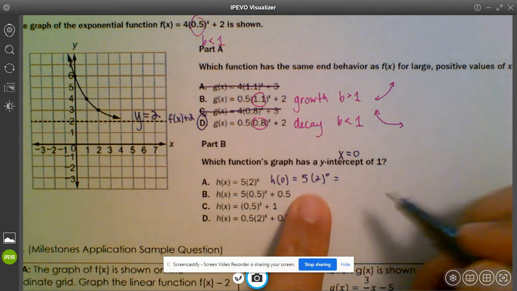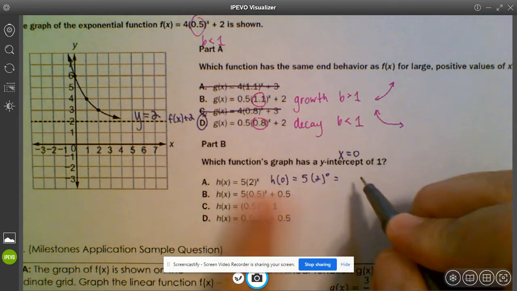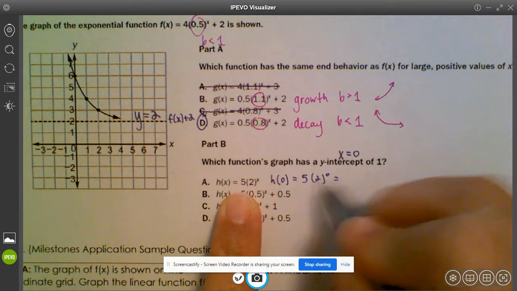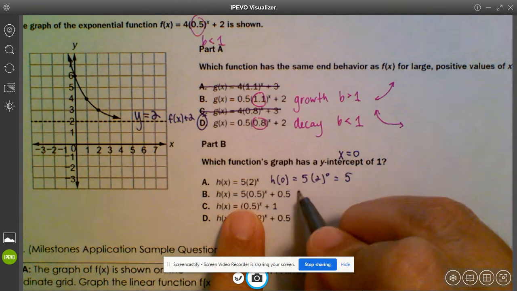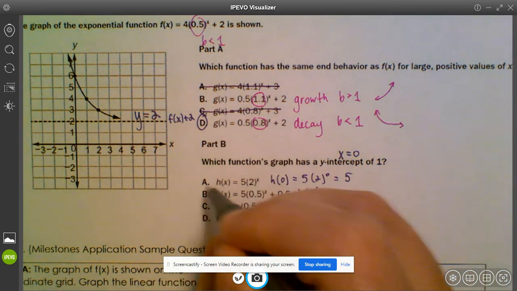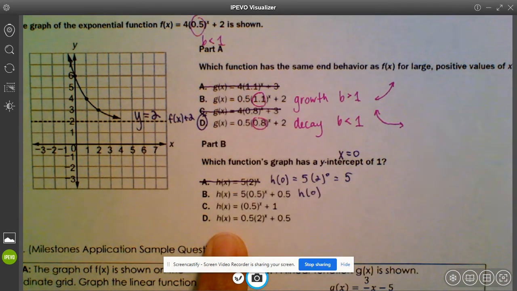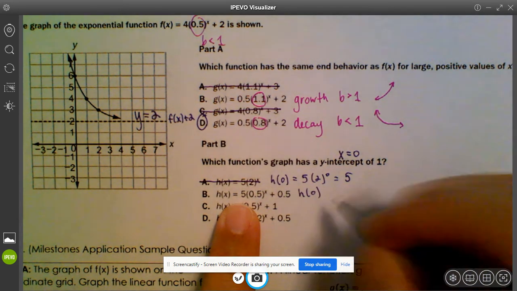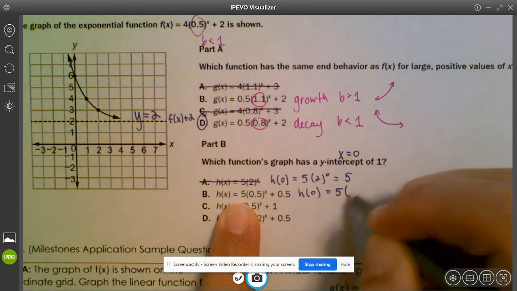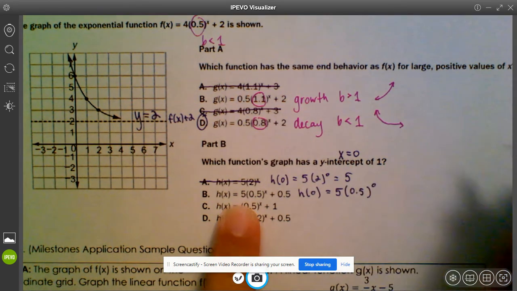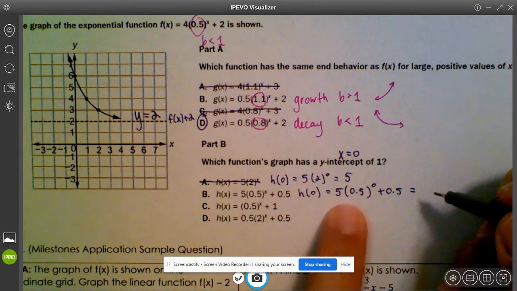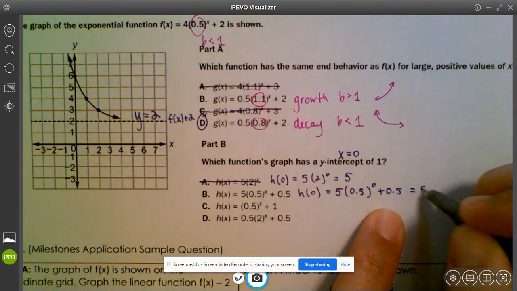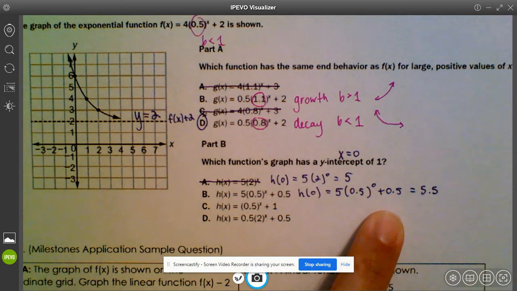Okay, so take my word for it. For this function, h of 0, 5 times 1 is 5. So it's not that. Let's look at the next one. This is 5 times 0.5 to the 0 plus 0.5. Well, 5 times 1 is 5, and 5 plus 0.5 is 5.5.